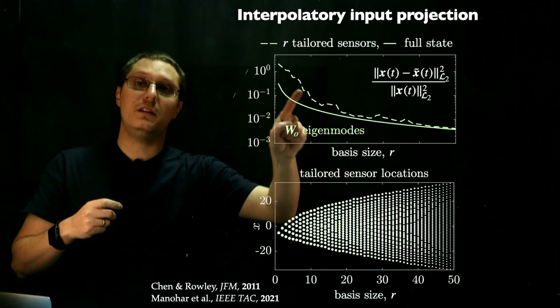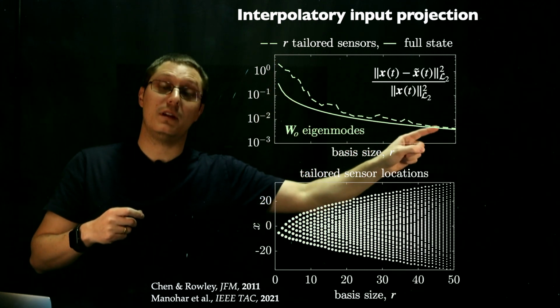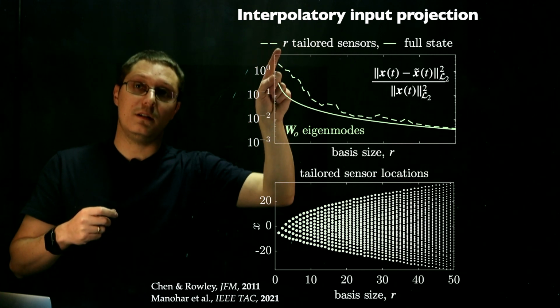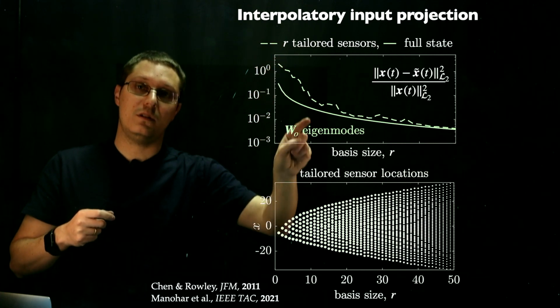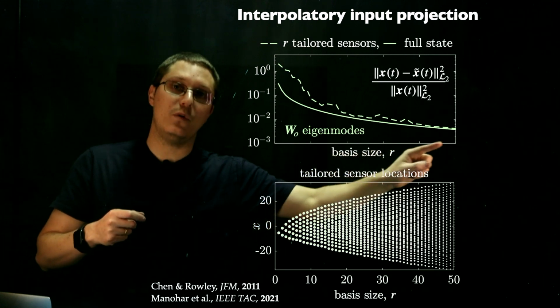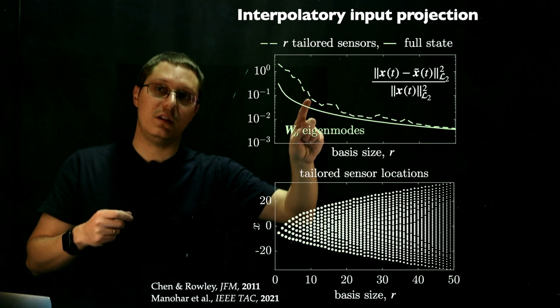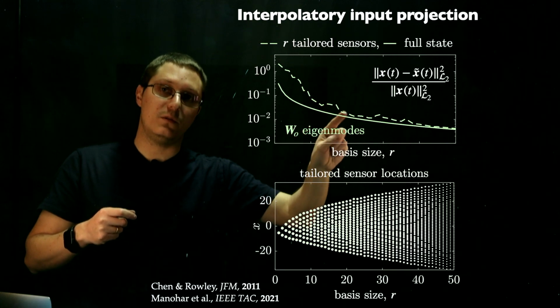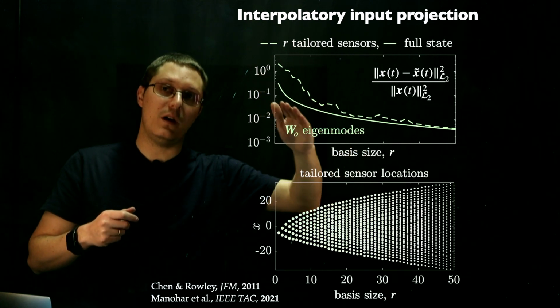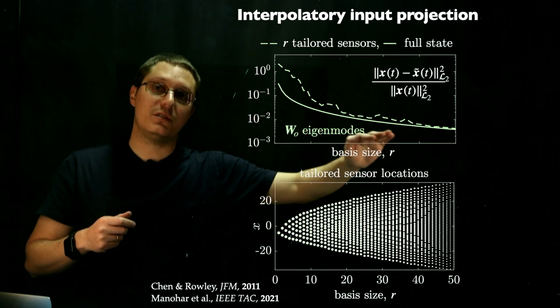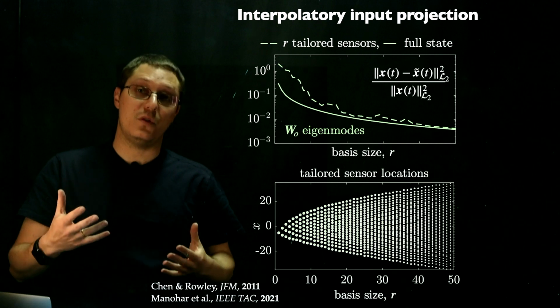So this dashed line here is the performance that we get with our interpolatory projection, as a function of the number of modes in our reconstruction and also the number of sensors. So with our sensors, this is the error that we get, and this lower bound here, this solid curve that you see here, is the orthogonal projection onto the same basis modes.